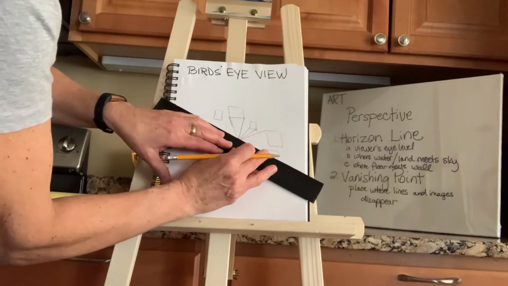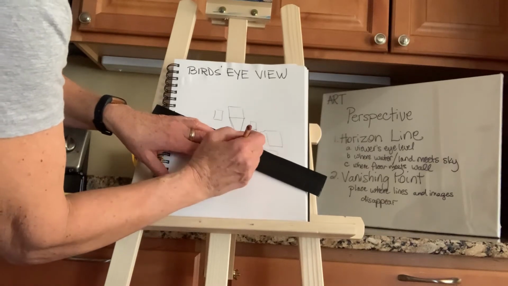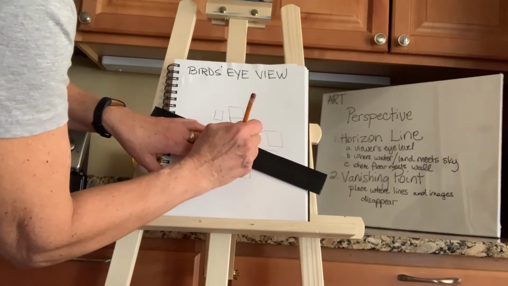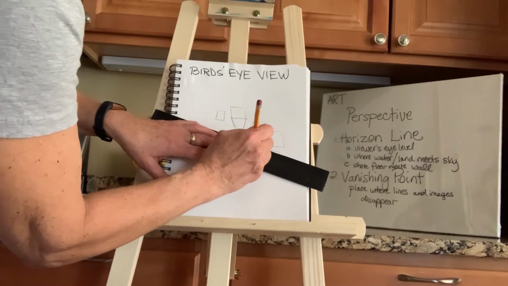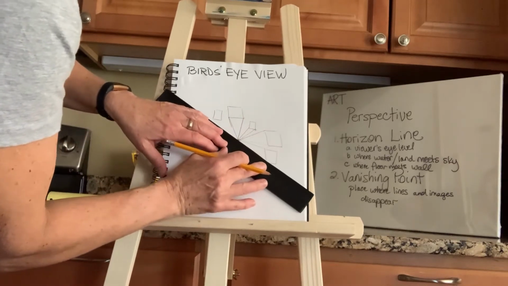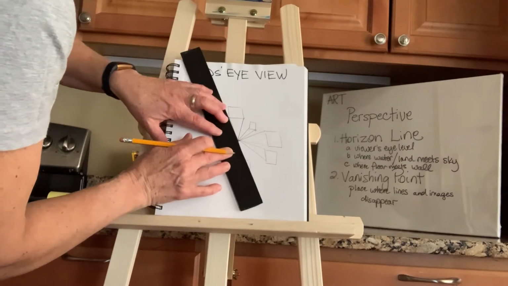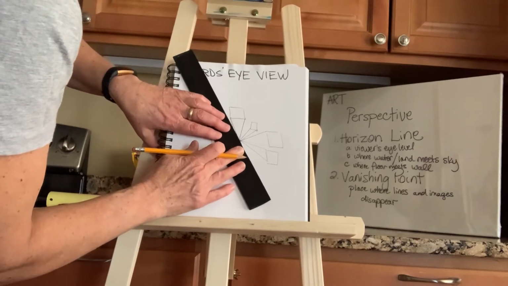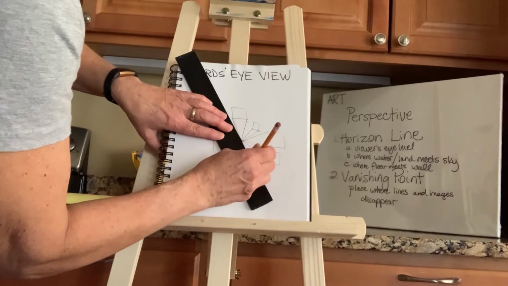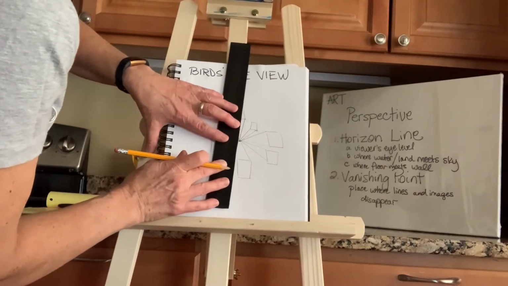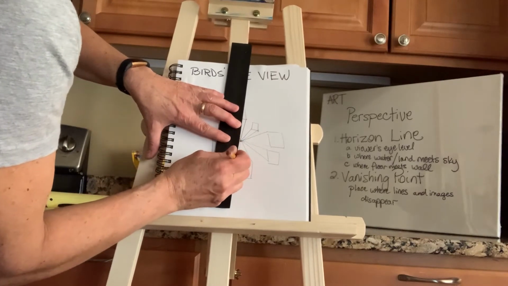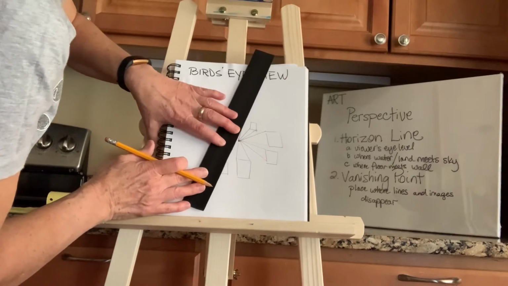You can already see a pattern happening here with these lines. From the corner to the dot. From the corner to the dot. Go all the way around. Corner to the dot. Dot to the corner. Okay?